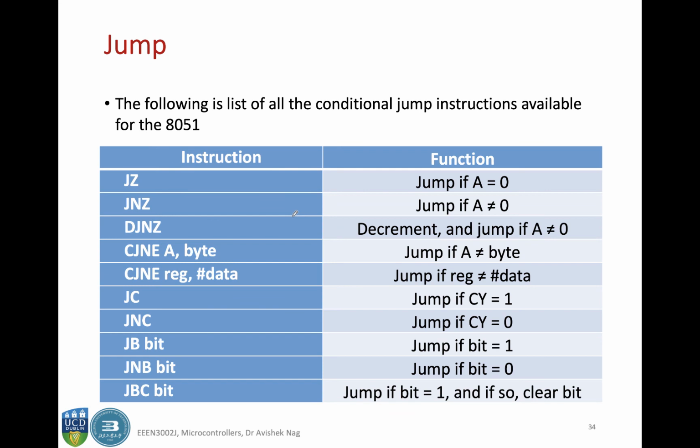So this is a summary of different jump instructions that you can use, and what they mean, and we will use them somewhere or the other when we practice assembly language coding throughout this semester. So we will see the use of these jump instructions.